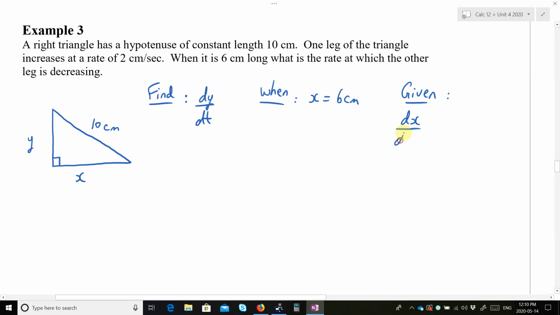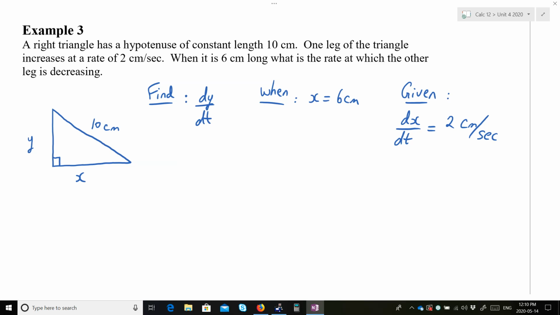I made that my x length. The change in x with respect to time is 2 centimeters per second. Okay, and so then when we hit that instant of x being 6 centimeters, how quickly is length y decreasing, basically, is what it's asking.